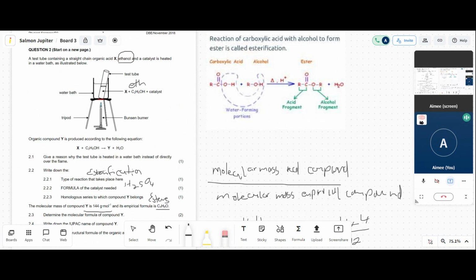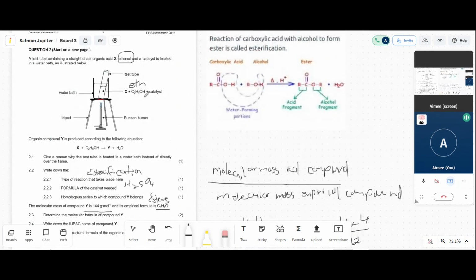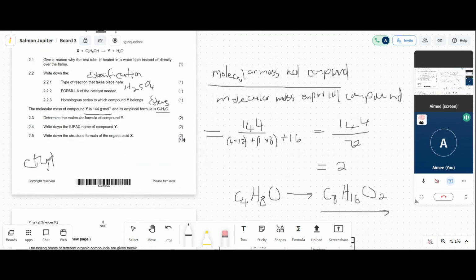So you know that your name is going to start with ethyl, because the first part of the name describes the number of carbons in the alcohol that was used to form this ester. Once we have eliminated the 2 from ethyl, we've got 6 carbons left.